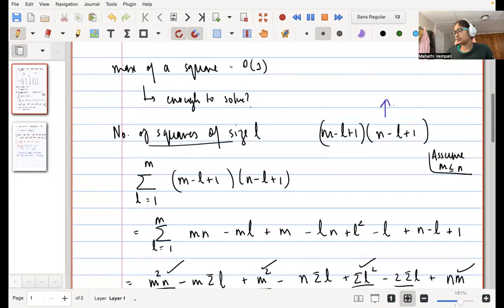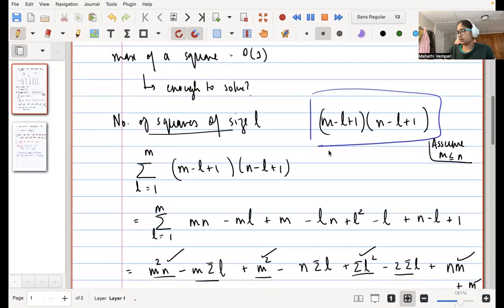If you take L going from M to 1, it's like summing up 1 to M and summing up 1 to N. Yeah, that's like so much better. Instead of doing all this.